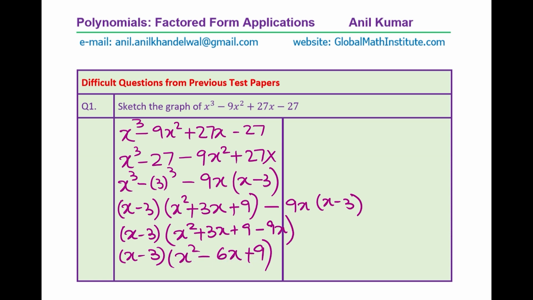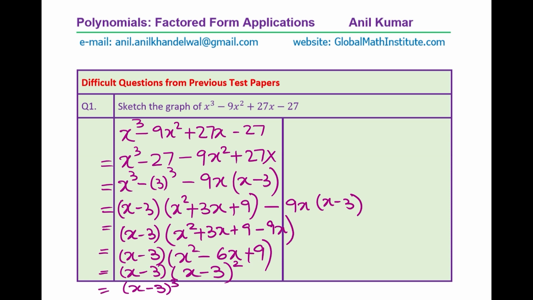So we could now write this as x minus 3 times x minus 3 whole square. So we get this as basically x minus 3 whole cube, right? So we could now factor this and write it as a cubic function.